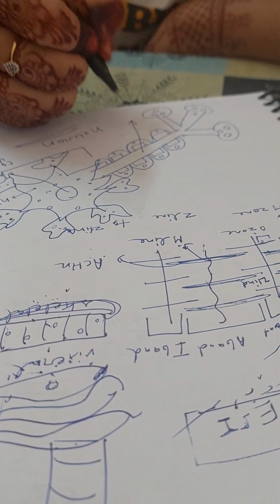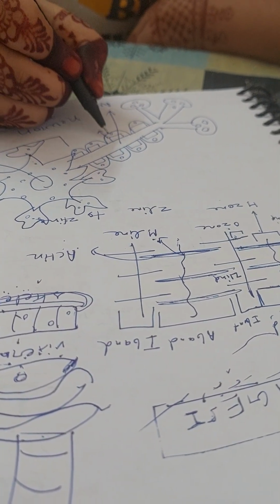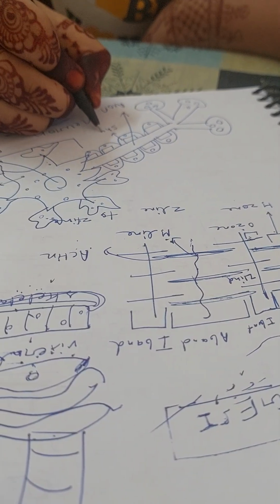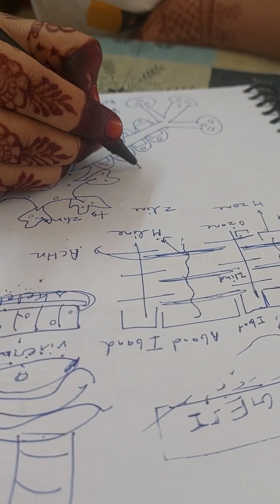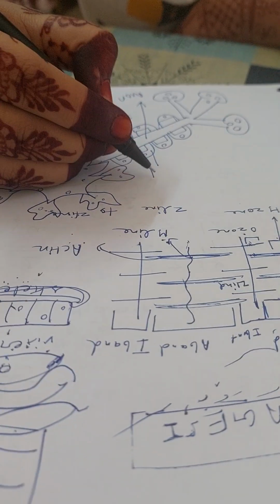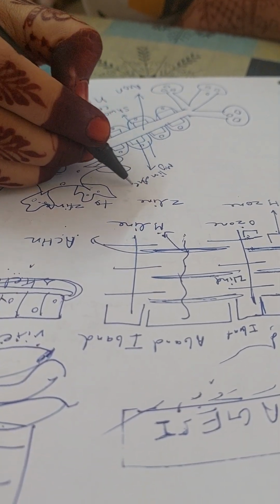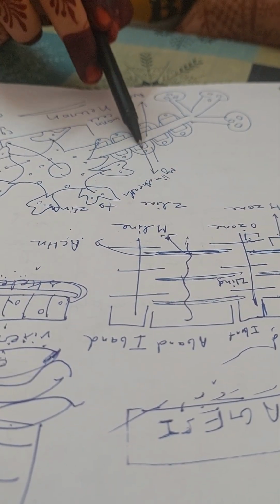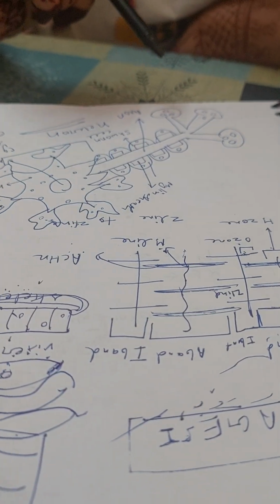This is axon. Schwann cell. This is Schwann cell, and this is myelin sheath. Like myelin sheath has a cover of Schwann cell.